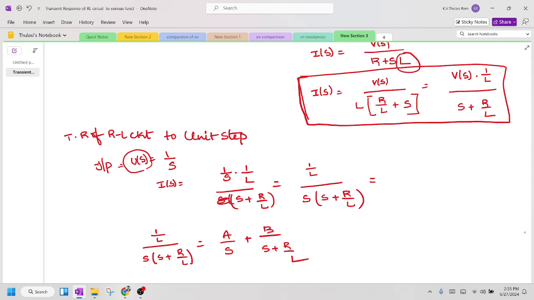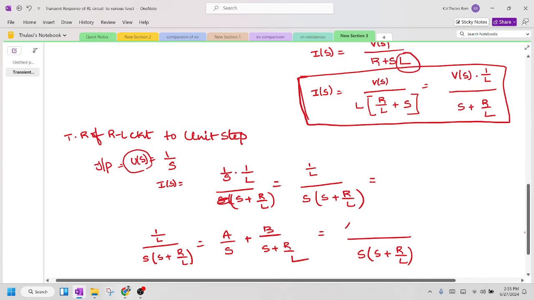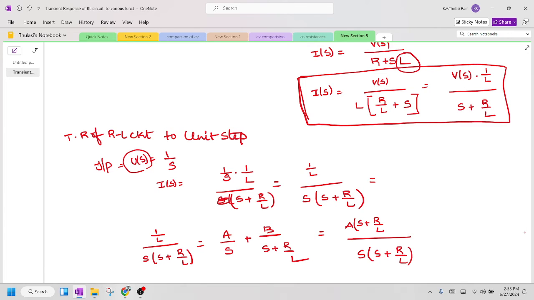So this is how you can write it down. When you take the LCM, which is s into (s plus R by L), this is A into (s plus R by L) plus B into s.